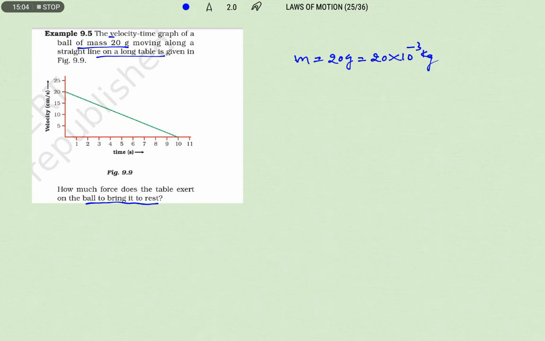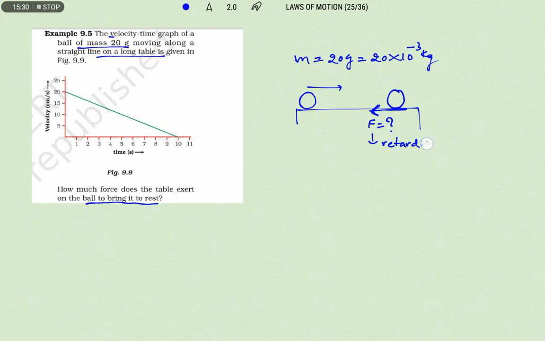That means here the ball is rolling on the table. So when it is rolling by its own, after some time it comes to rest. What is the meaning of this? The table is applying some opposing force to bring the body to rest. They're asking what is the opposing force. So the opposing force, definitely it may be a retarding force.